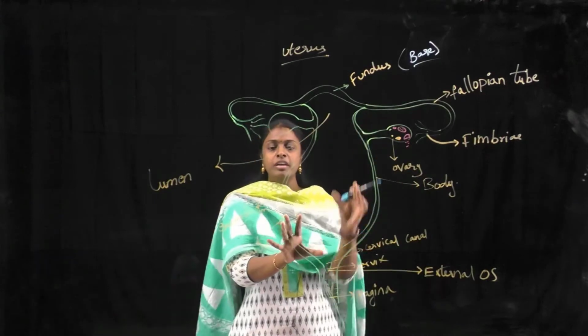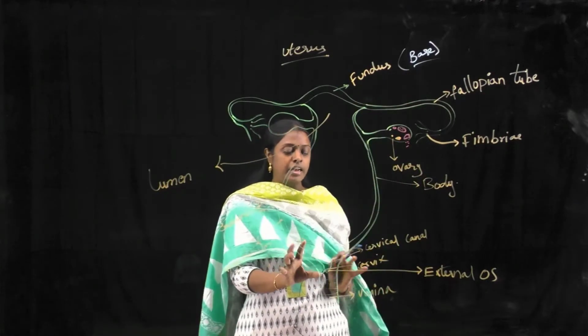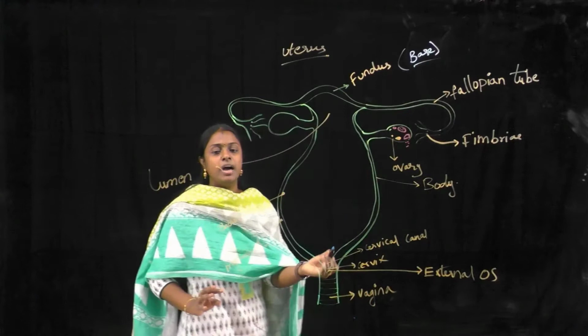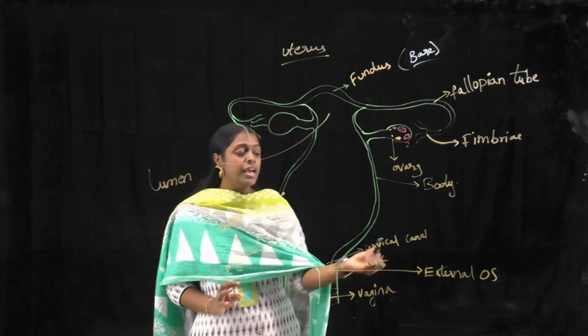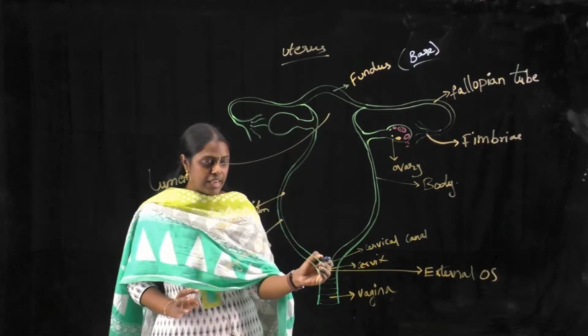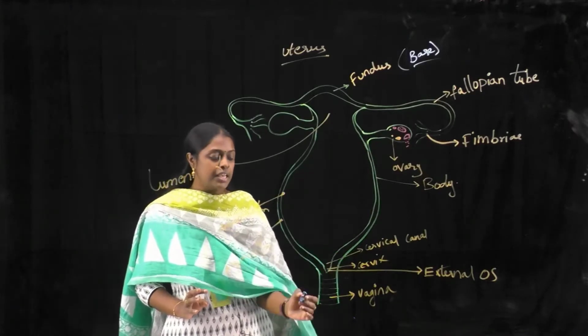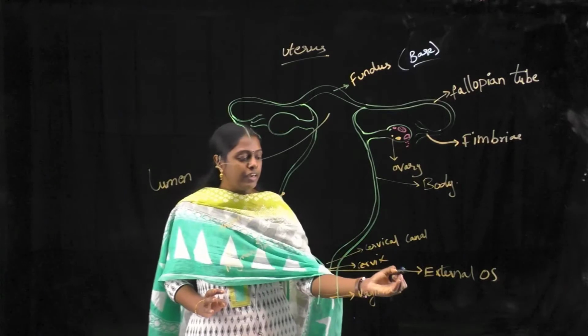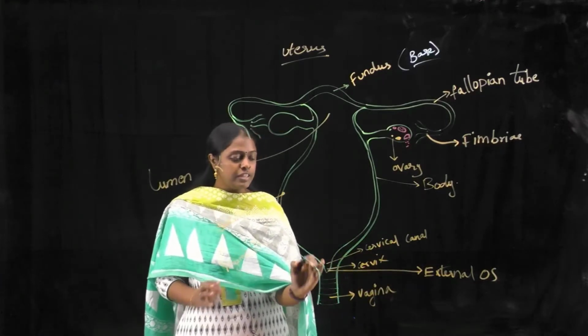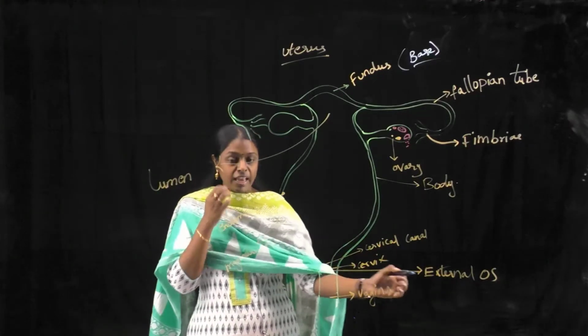This is body and this is the fundus and you will be having apex. In this apex you will be having cervix and cervical canal. This area is called as cervical canal and this part is called as cervix and this is the vagina, and here at the end of this cervix you will be having external OS.